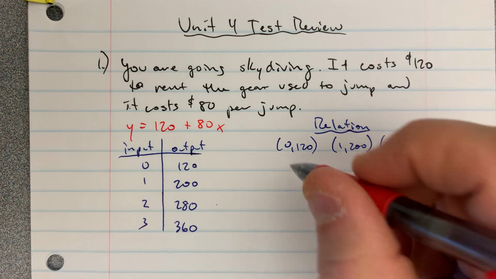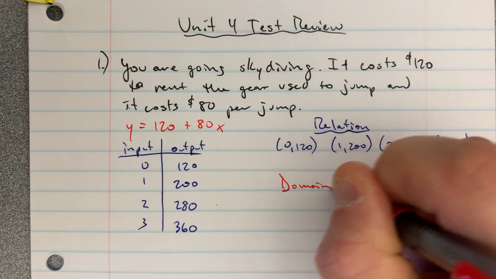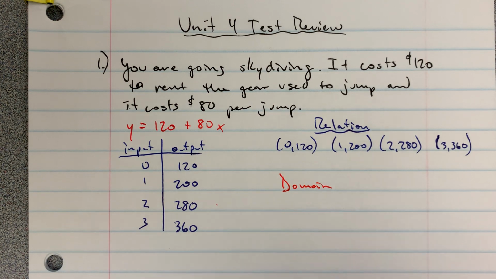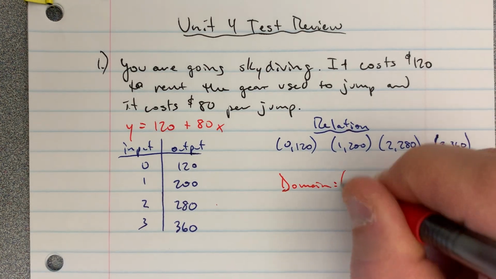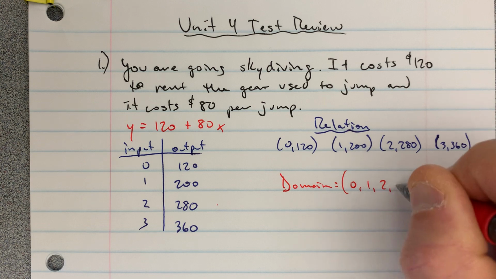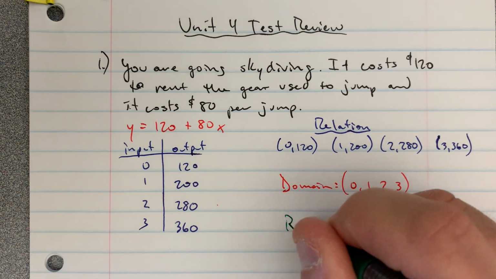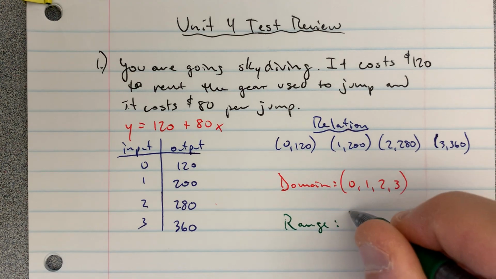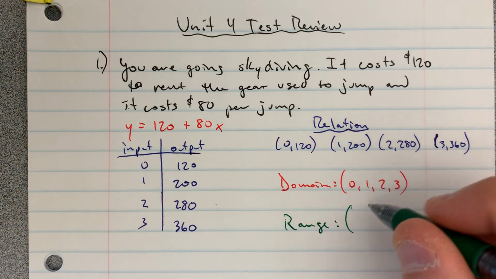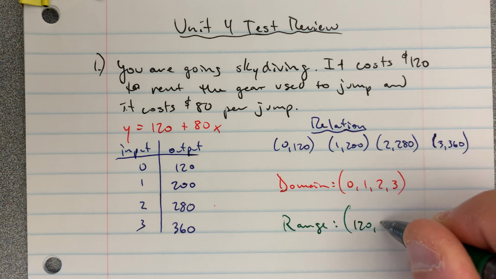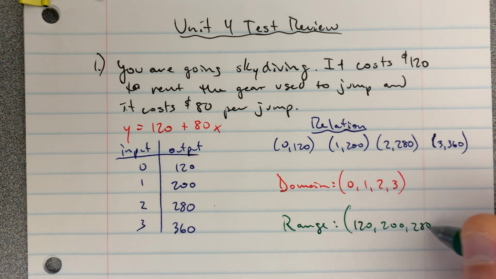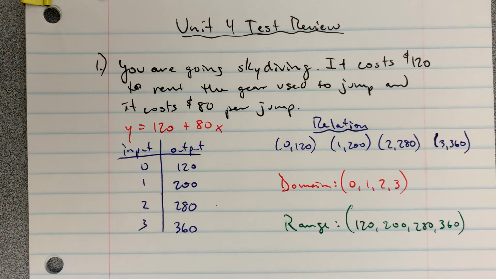Then we can list our domain, which would be our input or our x's: 0, 1, 2, 3. And then we can list our range, which would be our outputs or our y's: 120, 200, 280, and 360.